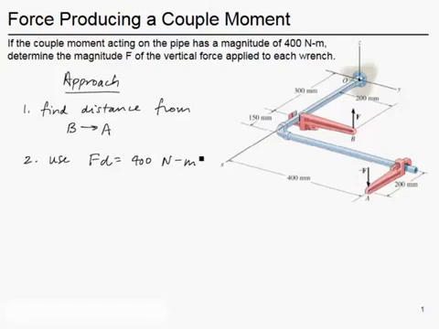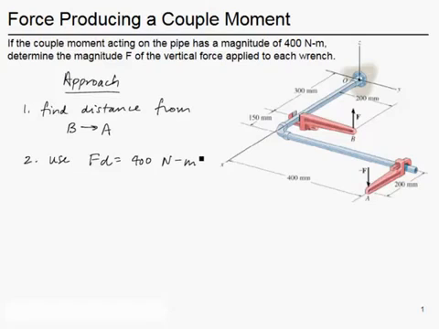Now, before we do any math, let me take an aside here to describe why this is an important thing to do. We know that for couple moments, the key quantity is the distance between the points of application of the two forces. Remember that couple moments are free vectors.